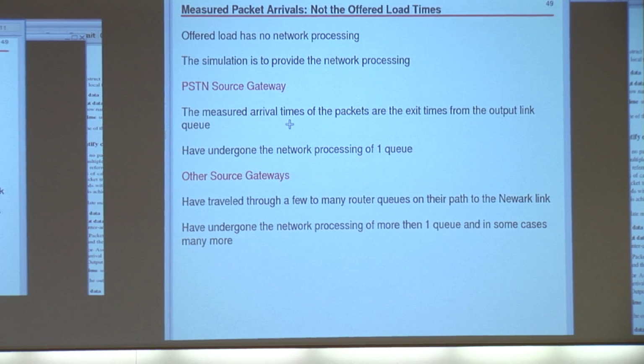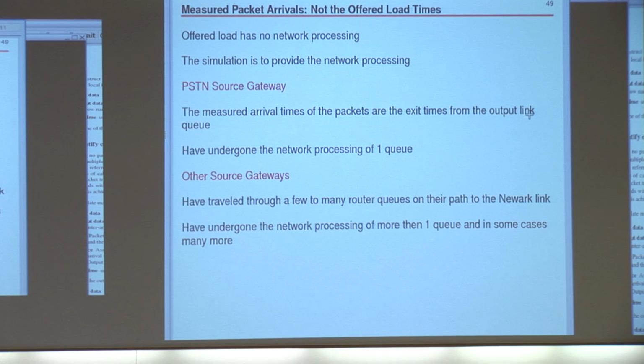For one thing, if it's packets coming out of the PSTN gateway, the source gateway, the measured arrival times of the packets are the exit times from the output link of the gateway. So we've had a little bit of queuing that's gone on. So we're messing with these offered loads when we measure them.